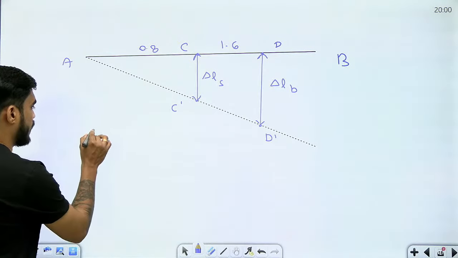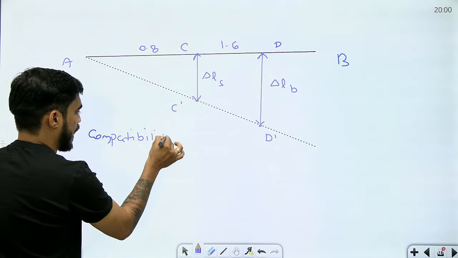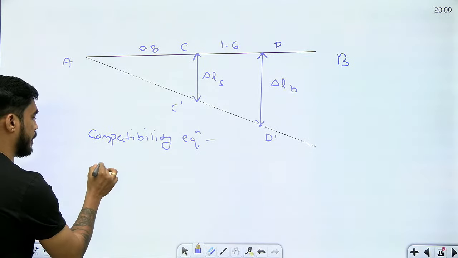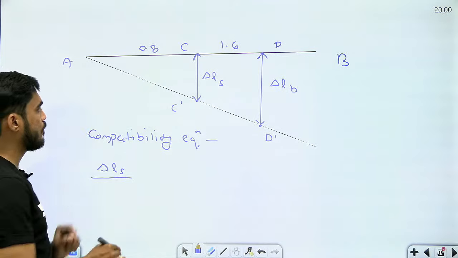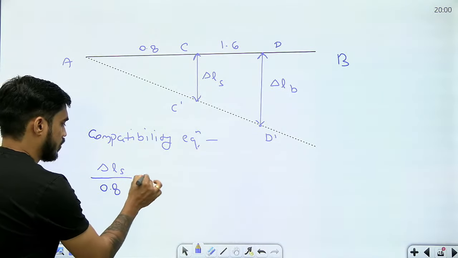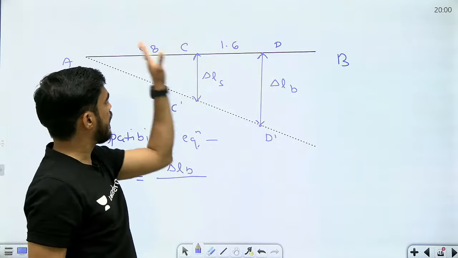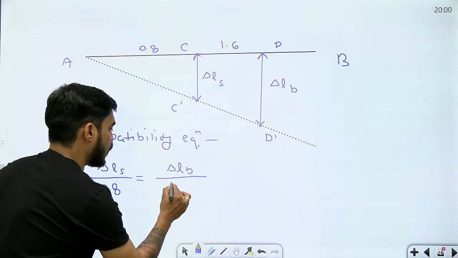Let's say, so what will be your compatibility equation? Your compatibility equation will be delta L of steel divided by 0.8 equal to delta L of bronze divided by, यहां से यहां तक का टोटल बेस कितना होगा? 2.4.